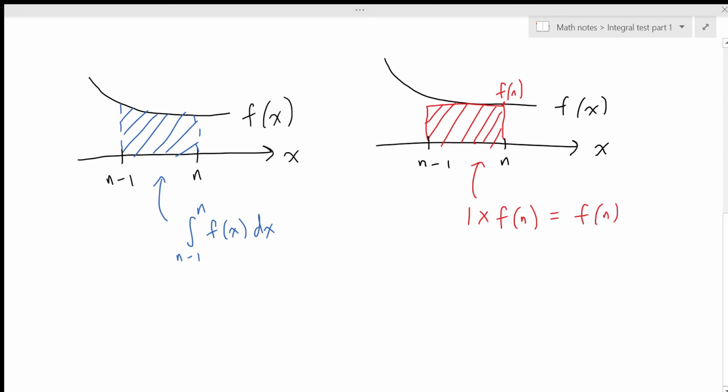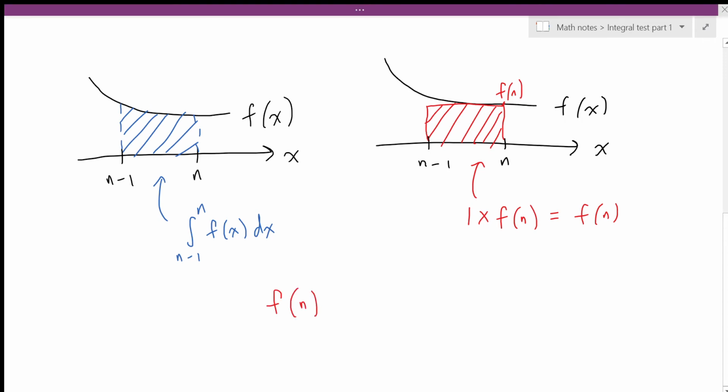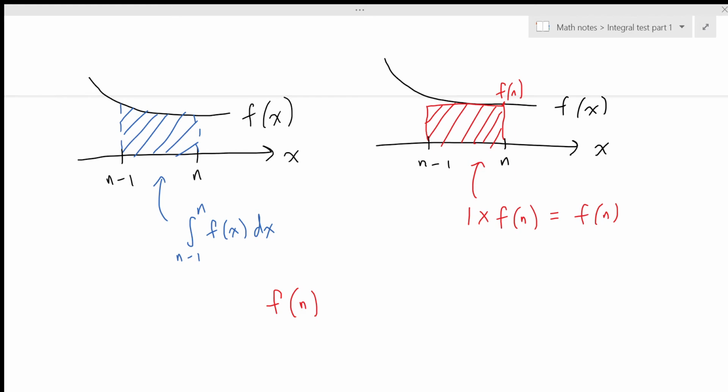Now, the key here is that by comparing these pictures, you can clearly see that the rectangle on the right-hand side is smaller than the area under the curve on the left-hand side. So that means that, more formally, we have this inequality: f of n, that's the area of the rectangle, is less than or equal to the area under the curve on the left-hand side, which is this integral.